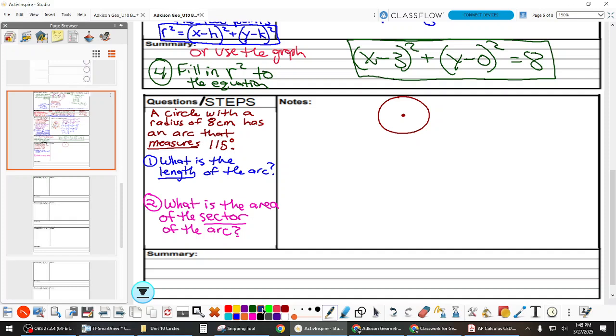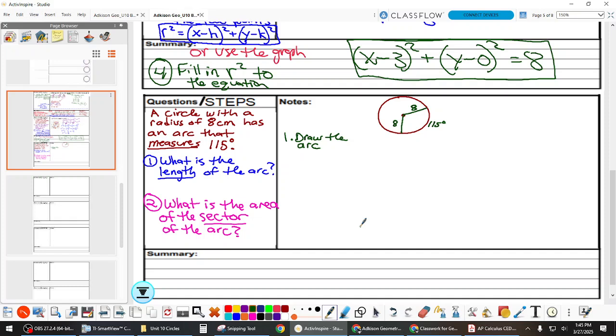So let's draw the arc first. So we need a radius of 8. And that's probably not quite 115 degrees, maybe like that. Okay, so the green on the picture is what we're given so far.